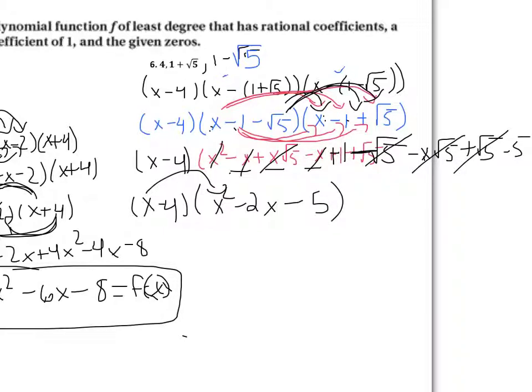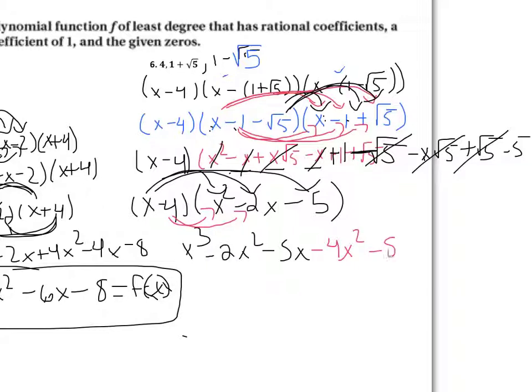Now I gotta distribute this, so I get x to the third minus 2x squared minus 5x. That's why I said they get messy. That's why we gotta be careful. Minus 4x squared minus 8x plus 20.